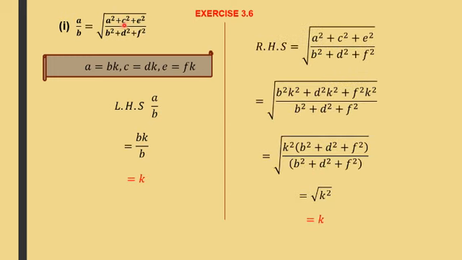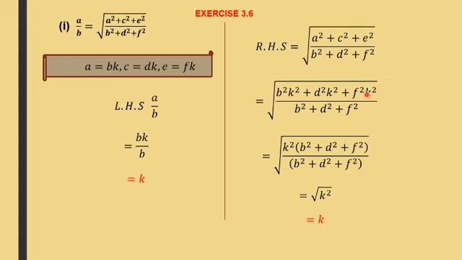Right hand side, a square plus c square plus e square over b square plus d square plus f square. Replace the value of a, that is bk, c, that is dk, and e, that is fk. A square means b square k square, c square means d square k square, and e square means f square k square.